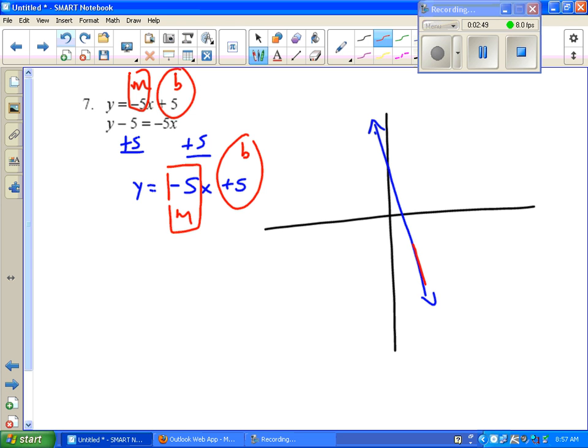It'll be exactly on top of it the entire way, which means they'll cross each other infinitely many times. Anytime you have the exact same m and exact same b value, it is the same equation. So the answer to this, if you're answering it the way they're asking, they will cross infinitely many times, meaning that you cannot count how many times they'll cross.